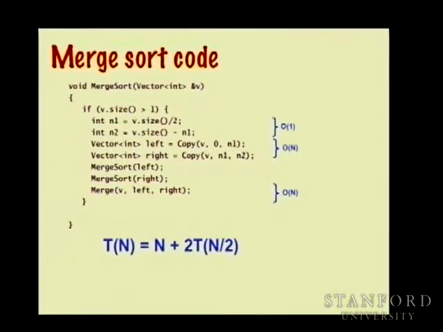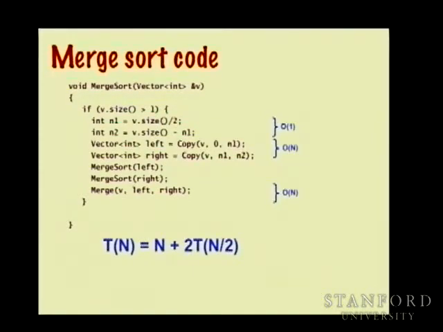I make two calls on the left and the right side, and then I do a merge at the end. We talked earlier about how that was linear in the number of elements, because as I build the two piles into one sorted pile, every element is touched as it gets chosen to be pulled out. So there's a linear divide, a linear join, and then there's this cost in the middle that I have to sort out, which is that there's n work being done at this level, but then I make two recursive calls that should take time n over 2.